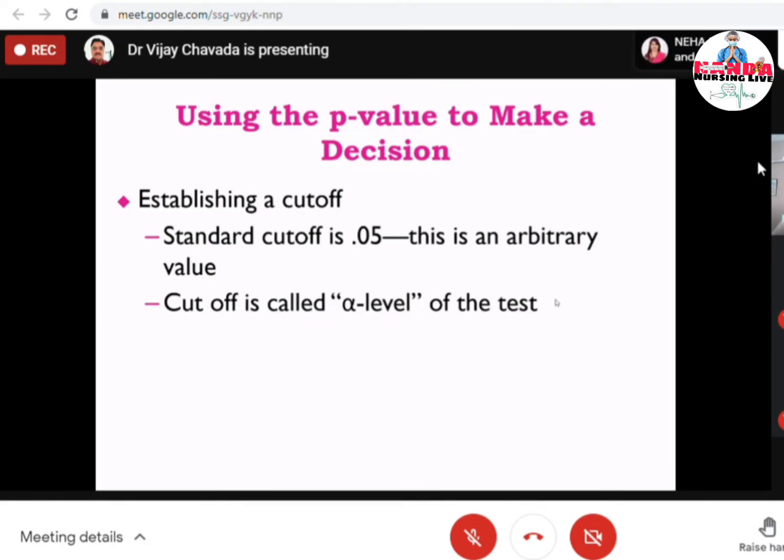We accept that there is no difference, and we ultimately say that the groups are not different, they are the same. Right? So in simple words, a p-value less than 0.05 is a significant value. A p-value more than 0.05 is a non-significant value. Significant value means we are rejecting the null hypothesis. Non-significant means we are accepting the null hypothesis.